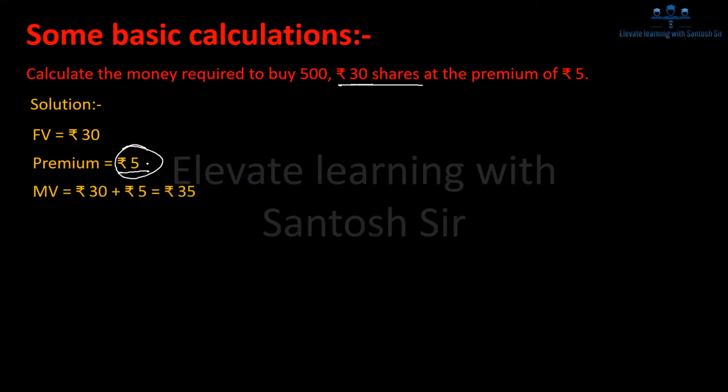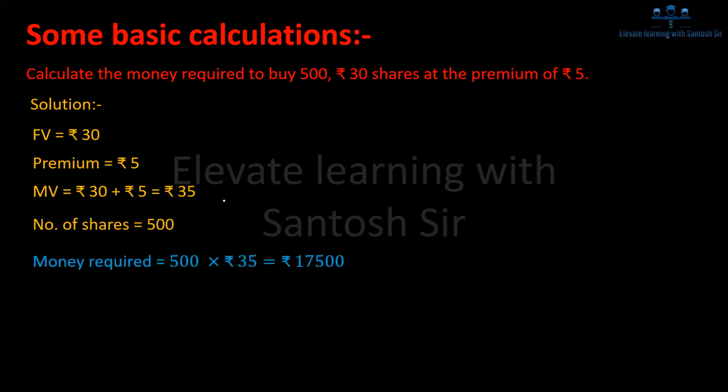When you add 5 rupees to the face value, you get the market value because the shares are at premium. Next, the number of shares, as you need 500 shares. Now, what is the total investment? Your investment is given by number of shares multiplied by market value of each share. So 500 multiplied by 35 rupees will give you 17,500 rupees.